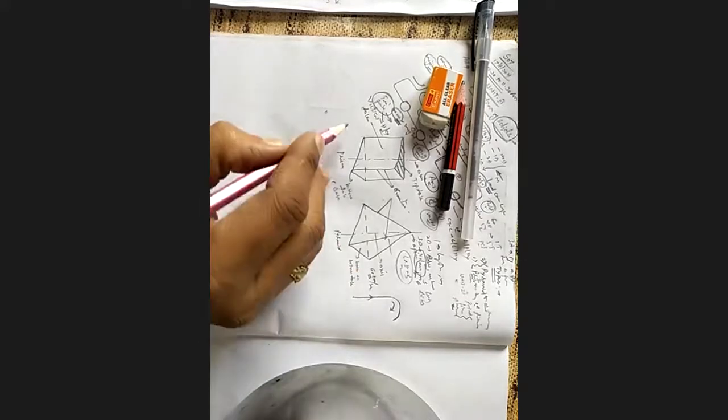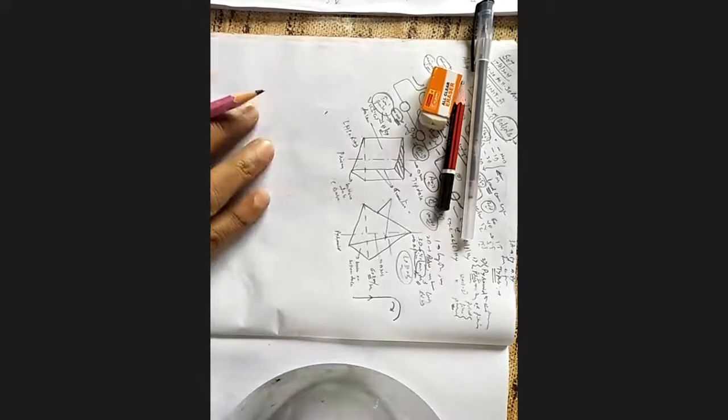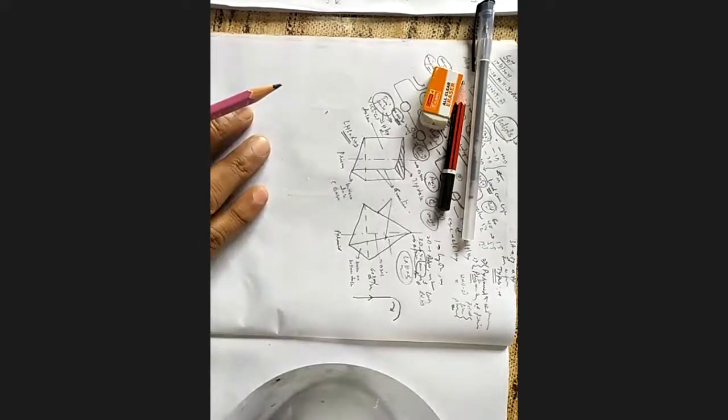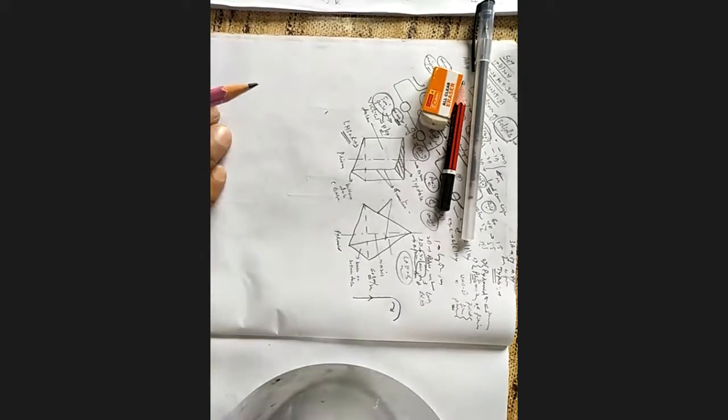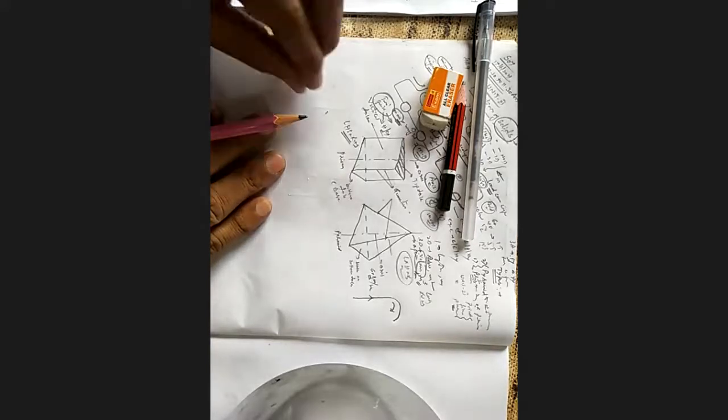What is the meaning of LHS is equal to RHS? Left hand side is equal to right hand side. Both are equal. Very good. What is the purpose? Why do we use it? How do we justify this equation?